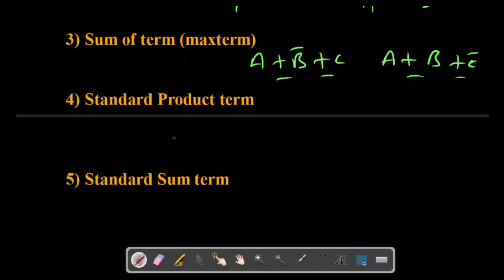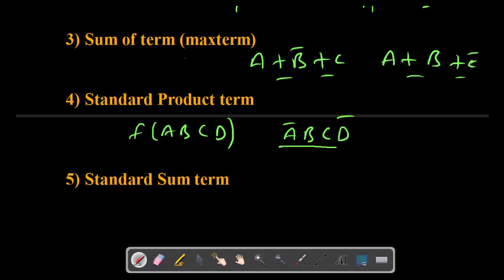Next is a standard product term. Suppose we have a logic function which consists of these four variables. A standard product term will contain all the four variables, either in complemented or uncomplemented form. For example, here we can have A bar, B, C, D bar.